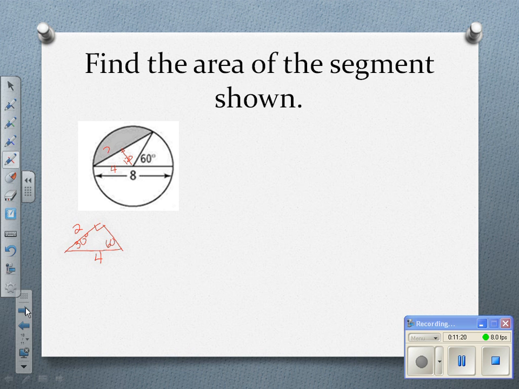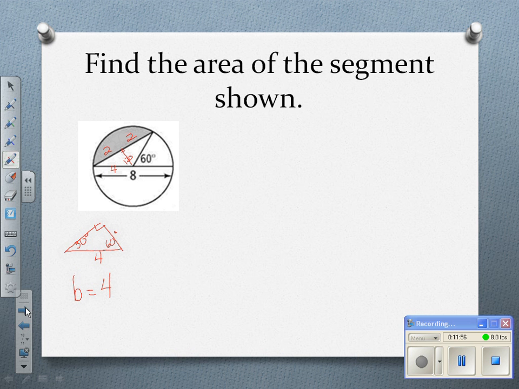Okay, I screwed that up. All right, so guys, I'm going to start this example over.